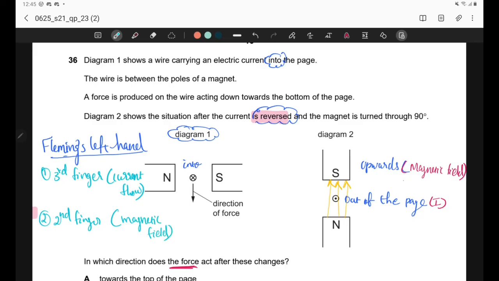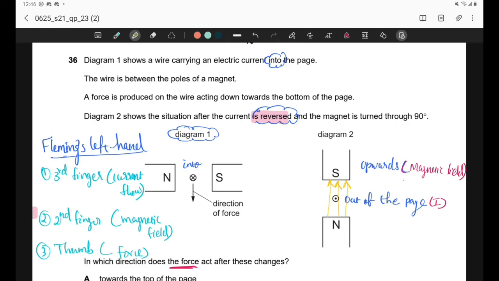So we should point the index finger in the direction of the magnetic field. Then the first finger, that is actually the thumb, will point in the direction of the force. So this is Fleming's left hand rule. This is how we have to point our fingers.